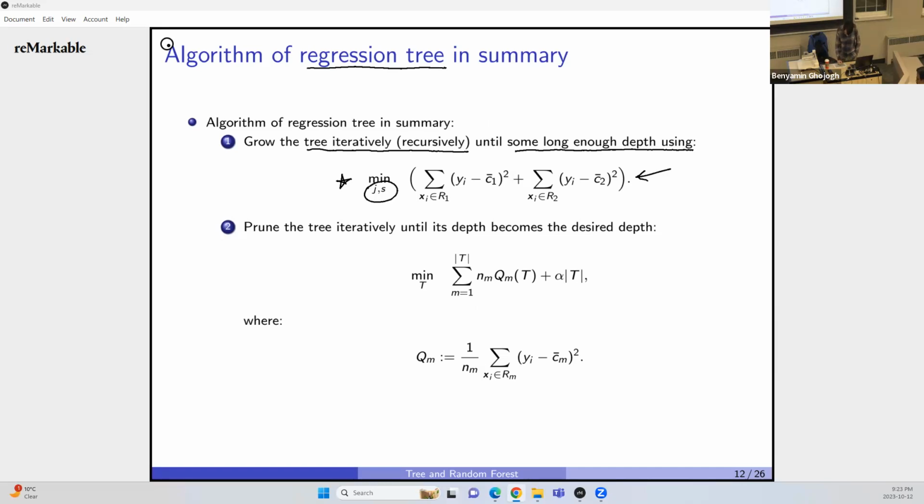At every split it tells you which feature to split on and which threshold. Then prune the tree iteratively until the depth becomes the desired depth, using this global cost. So basically, we are growing the tree using local cost. We are pruning the tree using global cost. Okay?